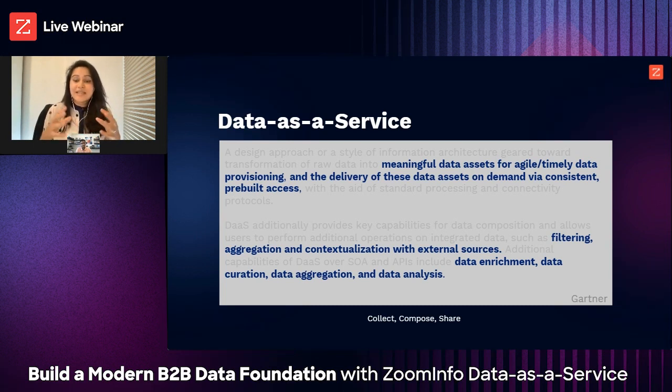So really, they're defining it as a design approach to leverage data, but not just raw data. You can't do much with it. But actually enrich it, contextualize it, compose it, and then actually share it.